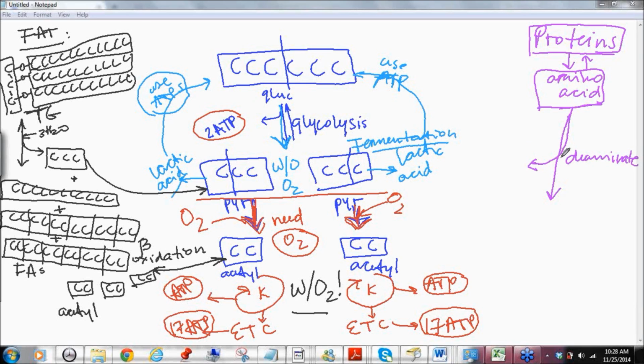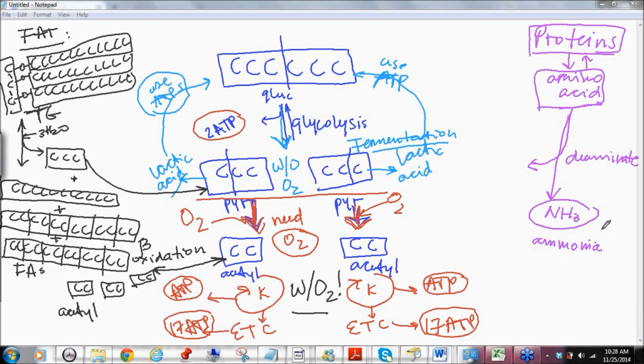Okay, and when you deaminate amino acids, that yields a waste molecule, which is ammonia. Okay, that's ammonia. The ammonia is basically poisonous for you if you keep it in the body. So you need to get rid of it. You need to excrete it.